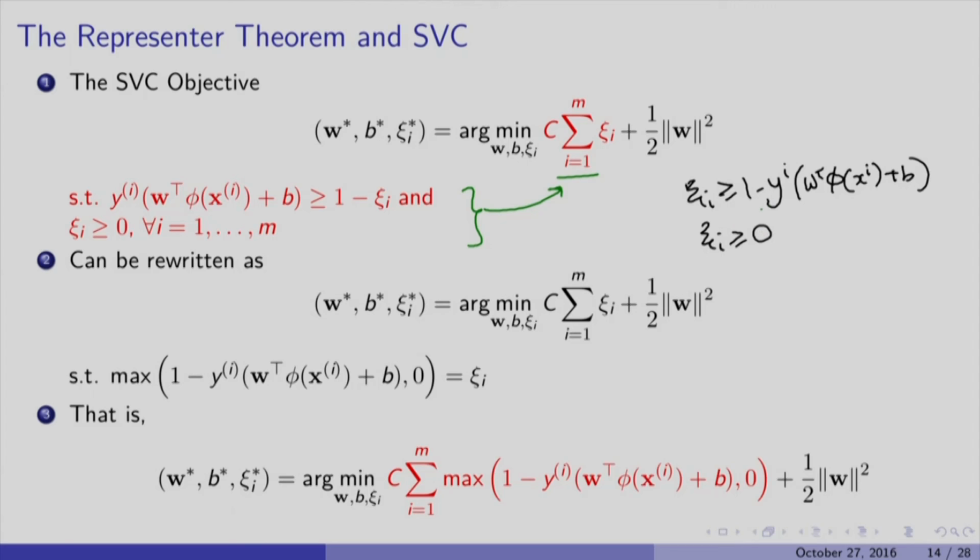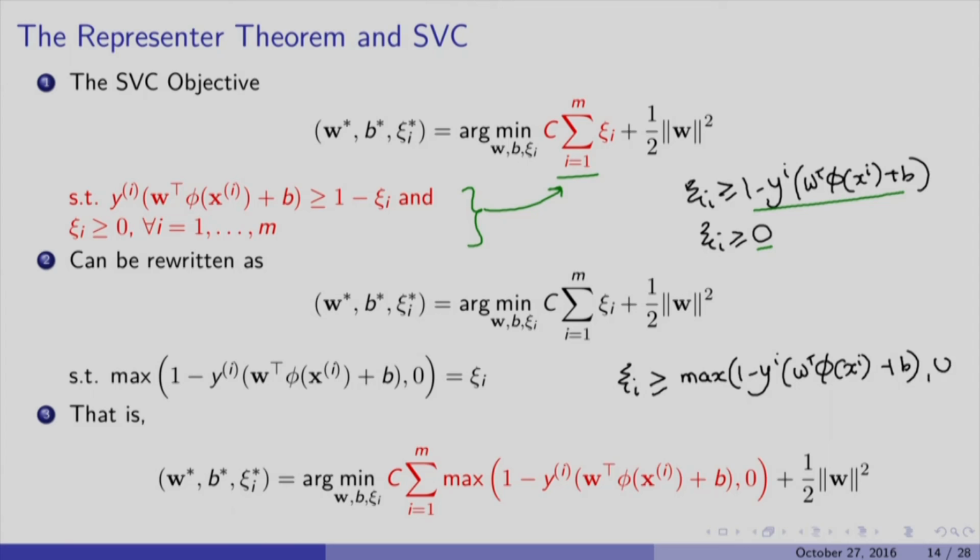Now xi_i being greater than or equal to two different quantities would mean that xi_i should be greater than or equal to the max of the two. So we could then write xi_i as a quantity greater than or equal to max of 1 minus y_i (w transpose phi(x_i) plus b), 0.